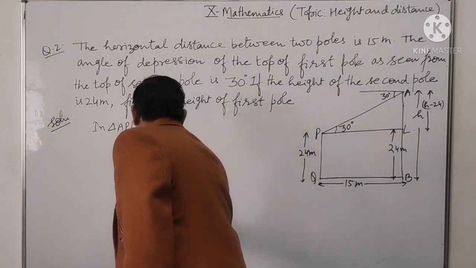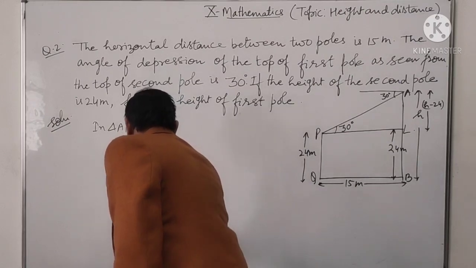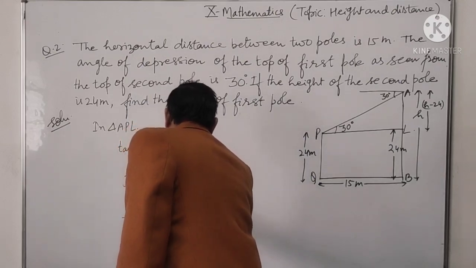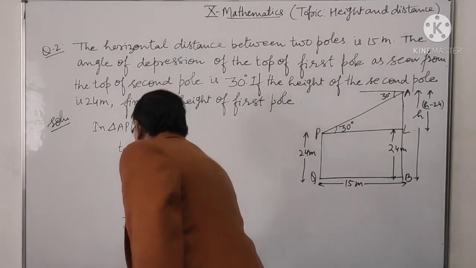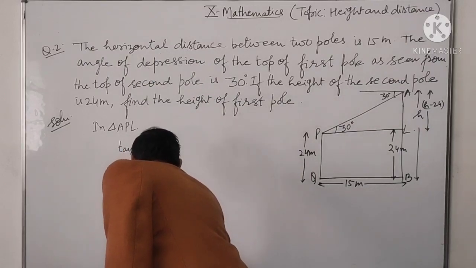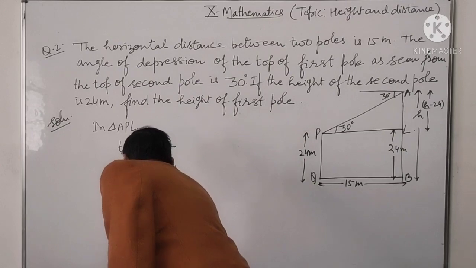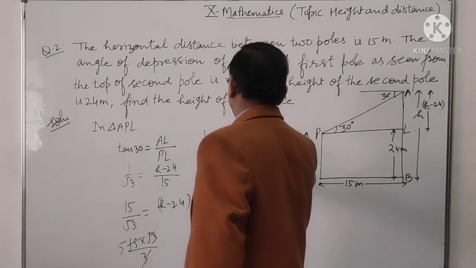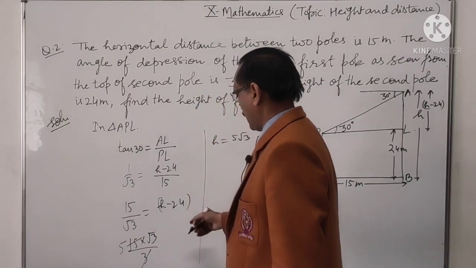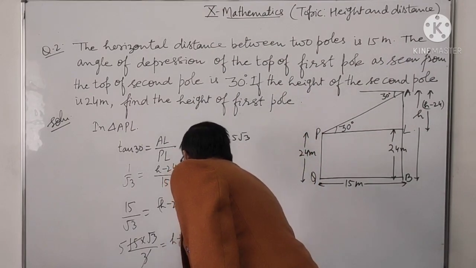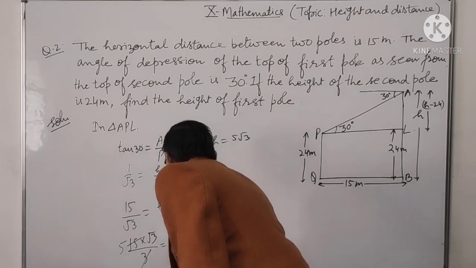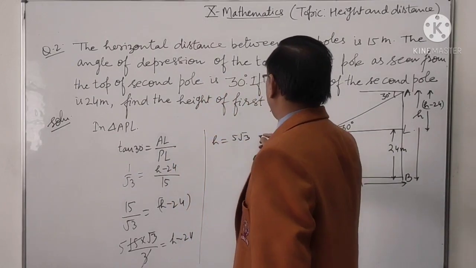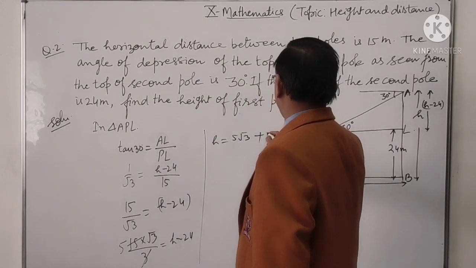15 upon root 3 equals h minus 24. Student, here we rationalize: 15 into root 3 upon 3 is 5 root 3. Then h minus 24 equals 5 root 3, so h becomes 5 root 3 plus 24.